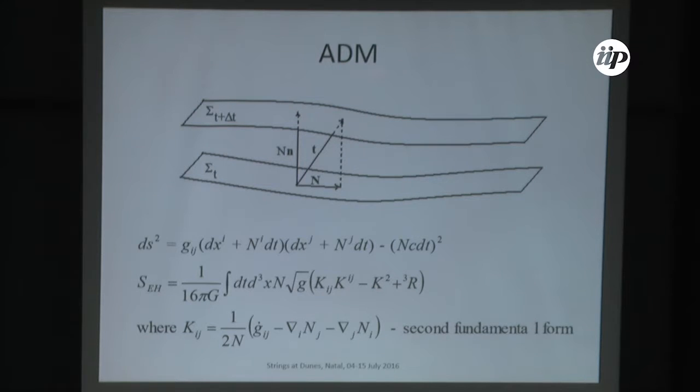Essentially, the idea is the following. Time is preferred, so you don't have to do much. You do the usual ADM slicing, a foliation of your space-time. Here is the usual Einstein-Hilbert action. Now everything is controlled by the 3-geometry and the way this 3-geometry is embedded in the 4-geometry; there is some extrinsic curvature here.